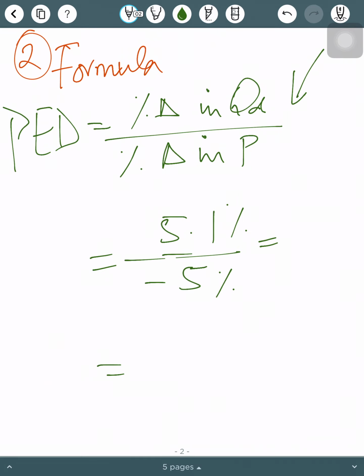PED less than 1 will be when there is a lesser change in quantity demanded as compared to the change in price of the product. So, for example, if the price goes down by 5%, but the quantity demanded rises by only 4%, so definitely the answer will be less than 1. And in such cases, we say that their demand is price inelastic.